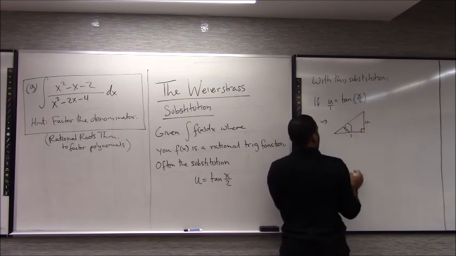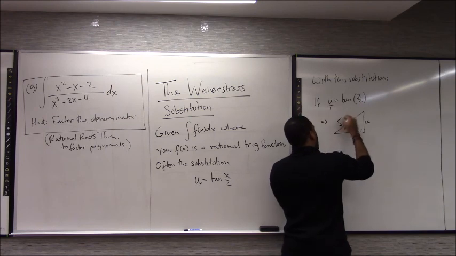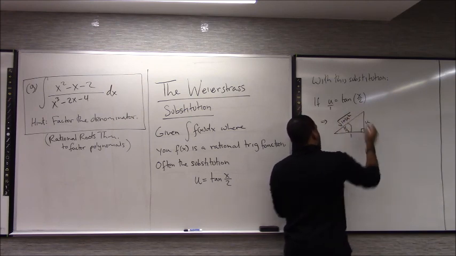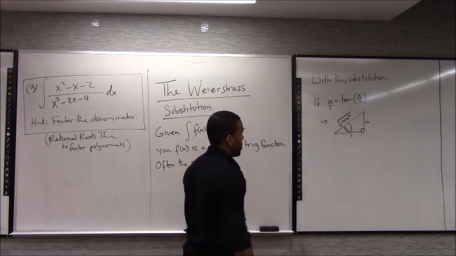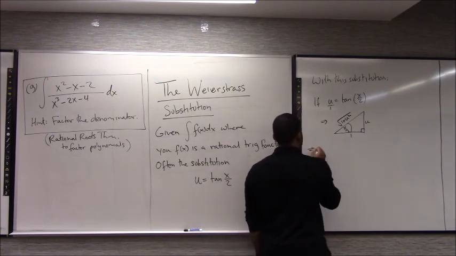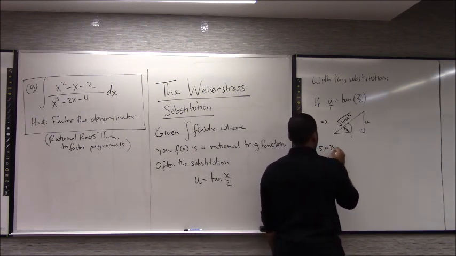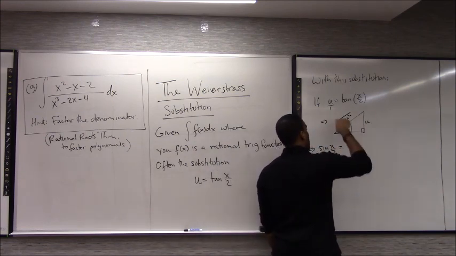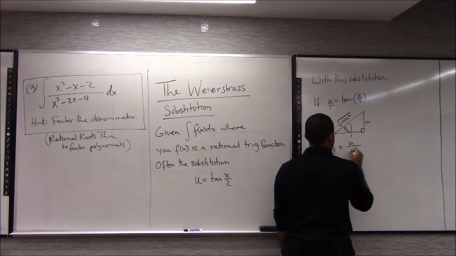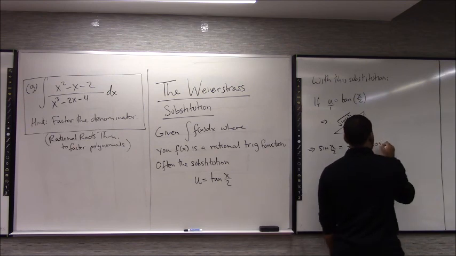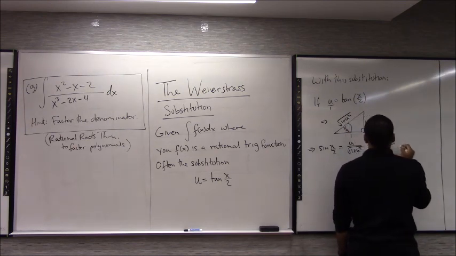This side is going to be the 1. On this side, Pythagoras' theorem is going to tell you this is the square root of 1 plus u squared. This automatically means that the sine of x over 2 is opposite over hypotenuse. It also gives you that the cosine of x over 2 is adjacent over hypotenuse.